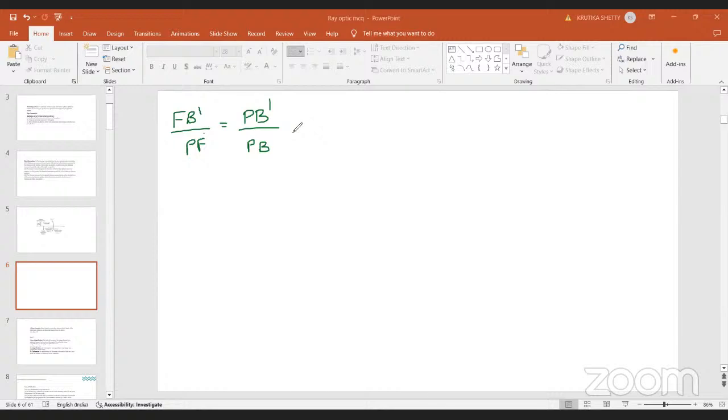On this side the term is the same, PB' upon PB is equal to. Now you may have the figure, go through the figure here, students. FB' I can write as PB' minus PF, divided by PF. Keep it as it is. From the figure, I am taking only what we need.